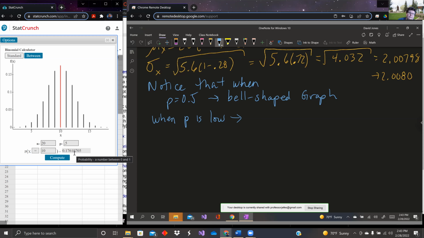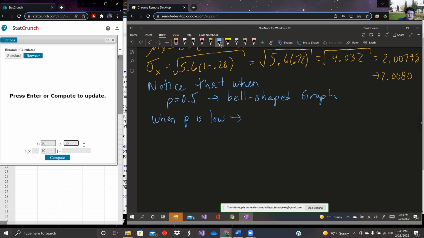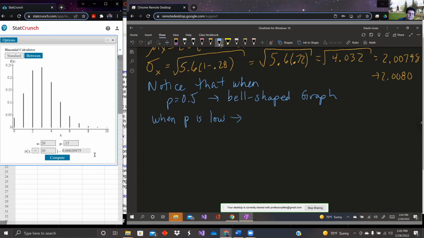I don't know if it's easy to reason through. It's kind of easier when we see it. So when the probability is low, the chance that we're going to hit a low number of homes is higher than hitting a large number of homes because the probability is low. And so our hump is over to the left. This leads to a skewed right graph, skewed right data.